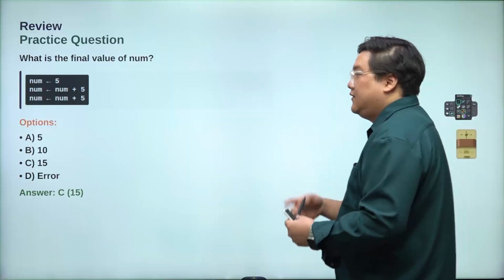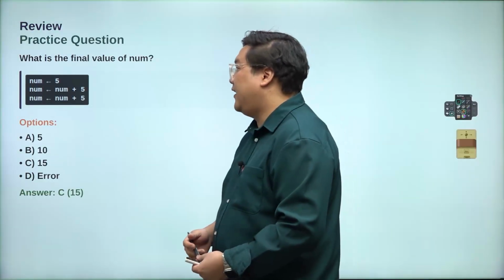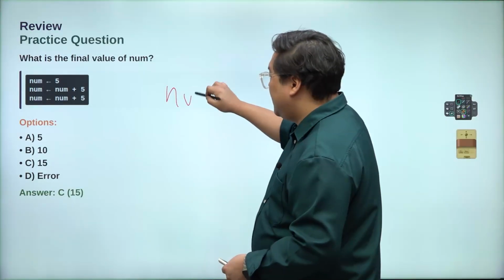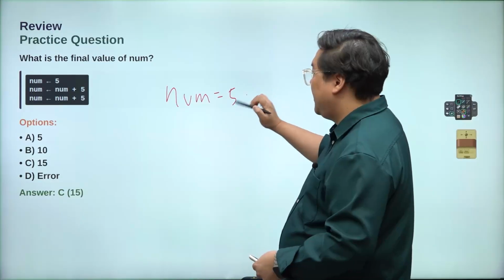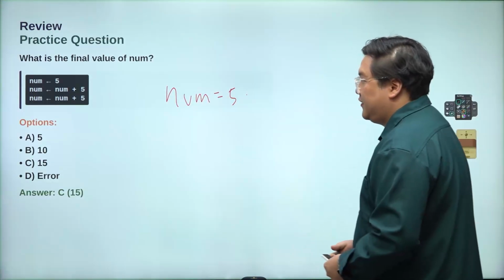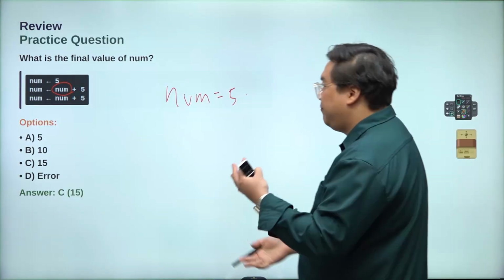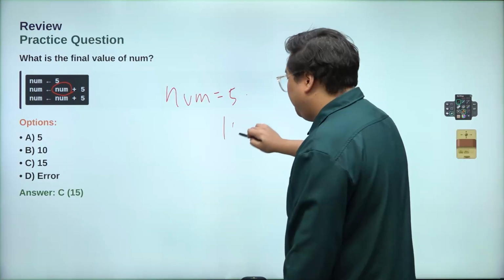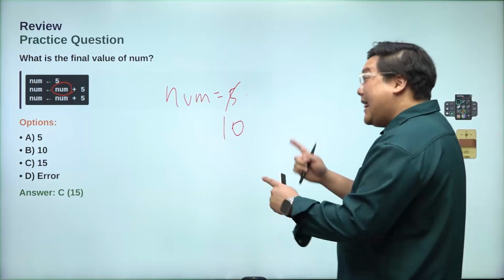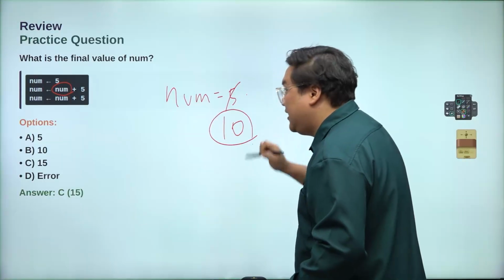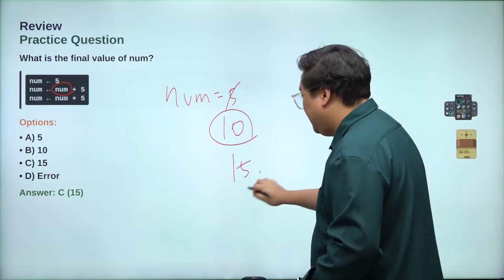Okay, so let's trace this. What is the final value of num? We start num with 5. We're going to update it to num plus 5, so we use the initial value saved in num, so it'll be 5 plus 5. So num becomes 10. And then we add 5 to the updated value, so it becomes 15.